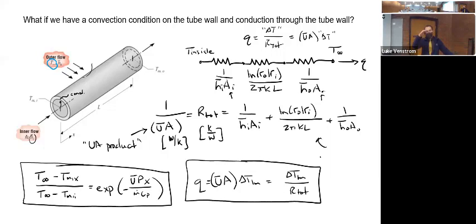You have to tell me whether you divided by the area on the inside of the tube or on the outside of the tube. You just divide by one of them and say which one you divided by. Does it matter which one you divide by? Not really. One's going to be bigger than the other, because if you divide by the inside area, it's a smaller area, so the U bar is going to be bigger. But it represents the same thing.